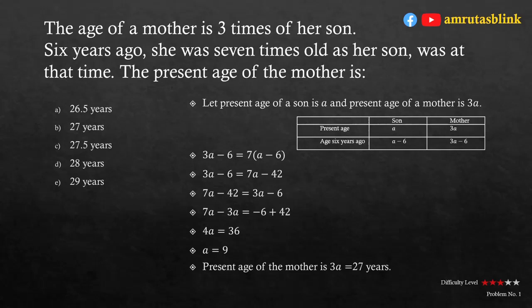A is the present age of the son and present age of the mother is nothing but 3A. Hence, once we got the value of A, we can easily calculate the value of 3A, which is nothing but 27, and hence present age of the mother is 3A is equal to 27 years. Hence, answer option is B, that is 27 years.